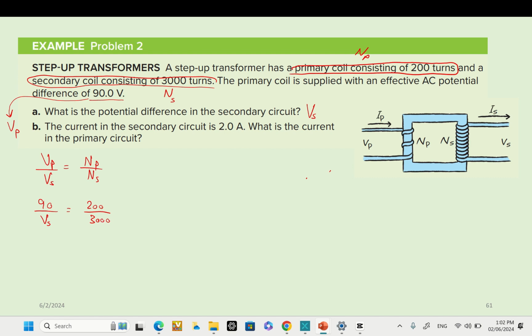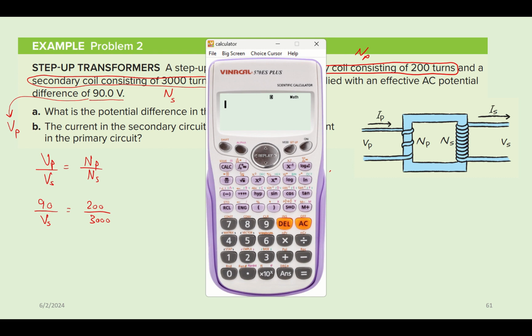Now you can shift solve it on the calculator or rearrange. If you shift solve, you put fraction 90 over x equals fraction 200 over 3000, and then shift calc equal.